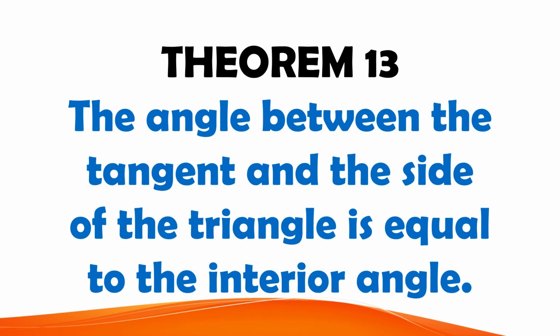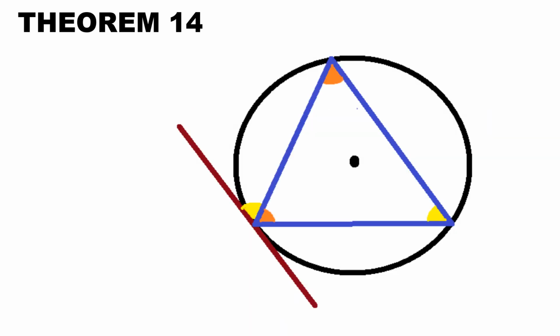Okay, next theorem. The angle between the tangent and the side of the triangle is equal to the interior angle. So, merong parts dito. May tangent line, side of the triangle is equal to the interior angle. So, meron daw triangle.